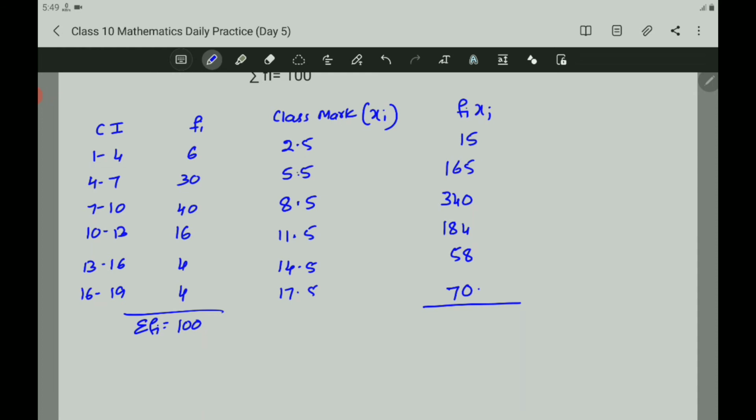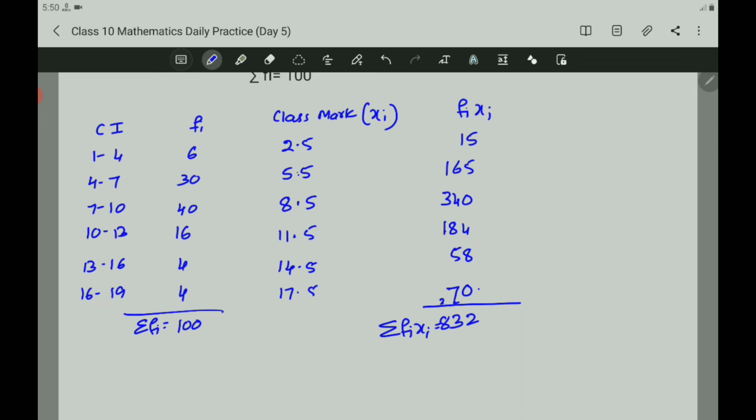Then you add, the summation of fi xi. You write this sum here. 0 plus 0, 0. 5 plus 5, 10, 10 plus 4, 14, 14 plus 8, 22, 22 plus 4, 26, 26 plus 6, 32, 32 plus 1, 33, 3 carrying. 3 plus 1, 4, 4 plus 3, 7, 7 plus 1, 8.